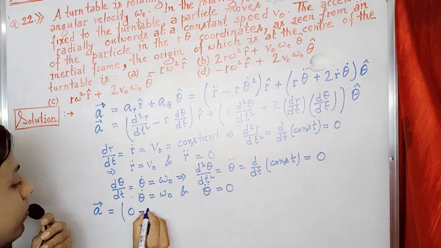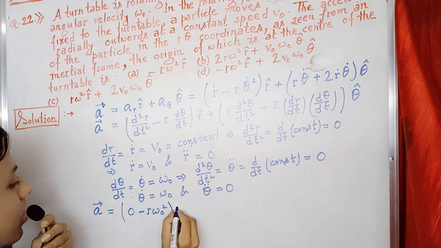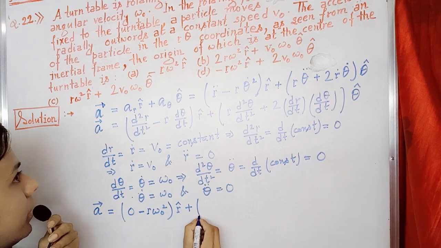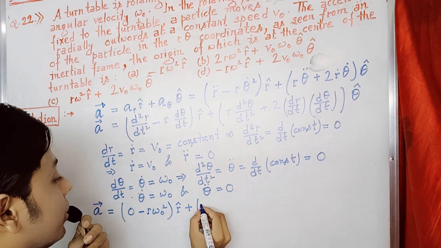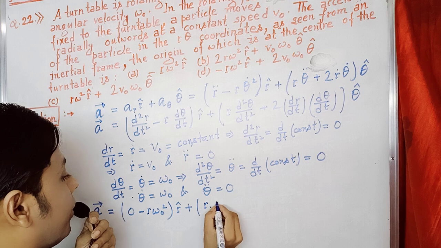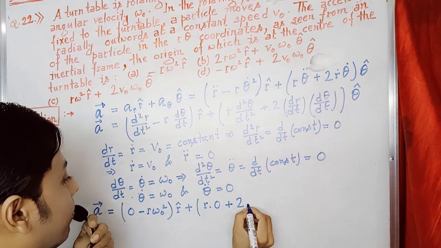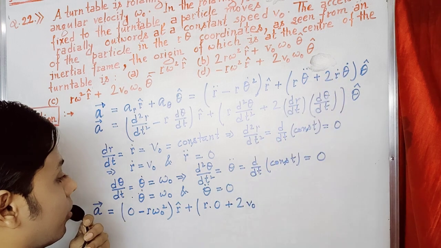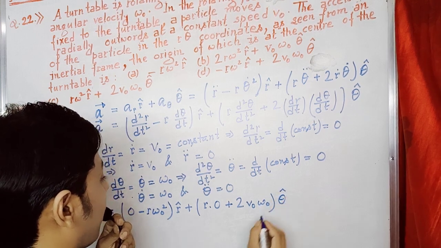Then it will become minus r omega naught square, and its direction vector is r cap, plus, instead of theta double dot we replace 0, then it will become r into 0 plus 2, and instead of r dot we replace v naught, and instead of theta dot we replace omega naught, and its direction is theta cap.